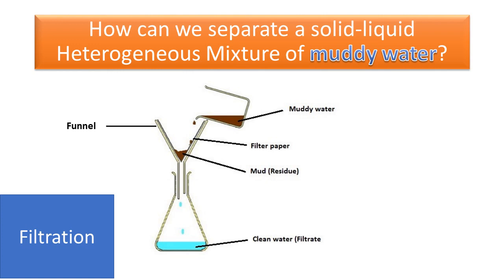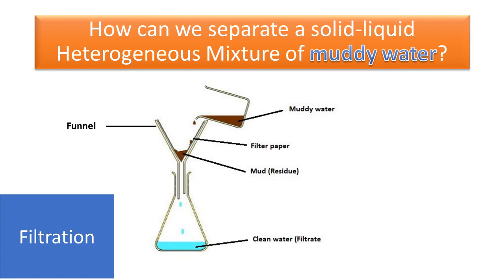When we pour the muddy water inside it, depending on the size, the particles that have bigger size will be collected in the filter paper, while the water will pass through. Usually, the solid collected on the filter paper, we call it residue, while the water collected in the beaker at the bottom and it passes through the filter paper, we call it the filtrate.